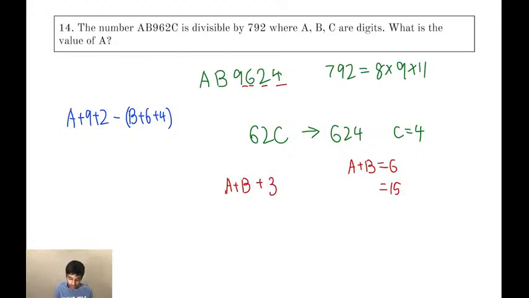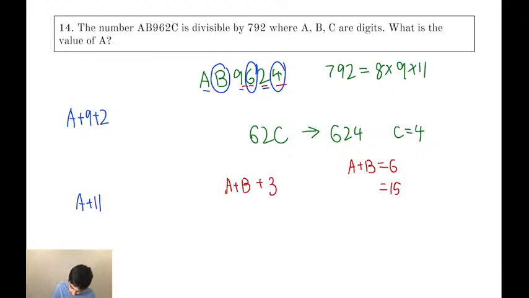So in order to approach this, we need to have the sum of the alternate digits, A plus 9 plus 2, and the other digits, B, 6, and 4, they can either be equal, or they can differ by a multiple of 11. So A plus 9 plus 2 is the odd sum, so A plus 11, and the even sum is B plus 6 plus 4, B plus 10.